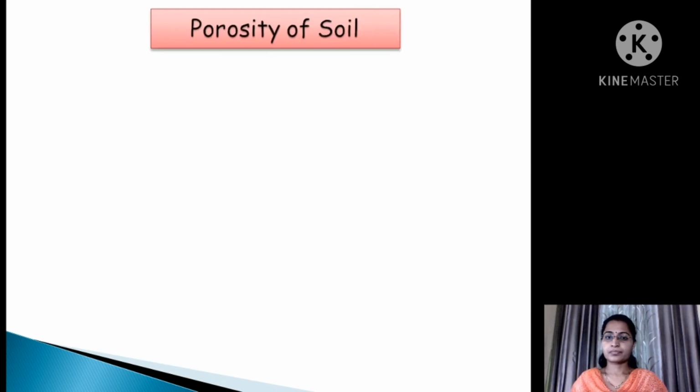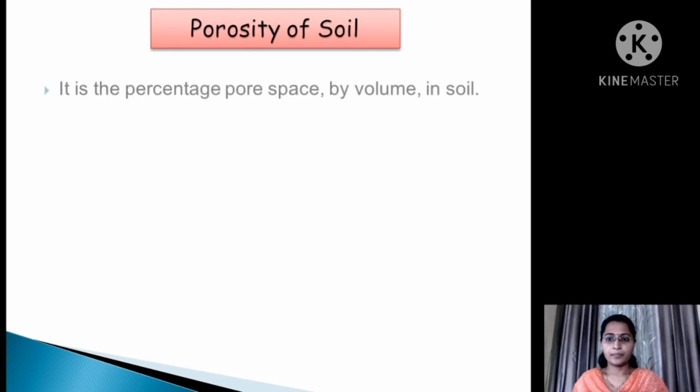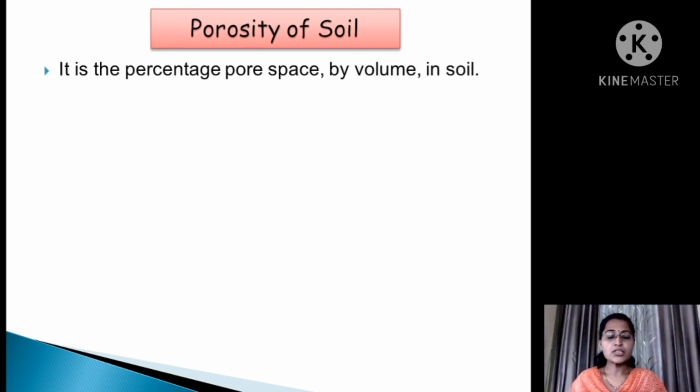Now go for the next characteristic of the soil, that is porosity of soil. It is the percentage pore space by volume in soil.